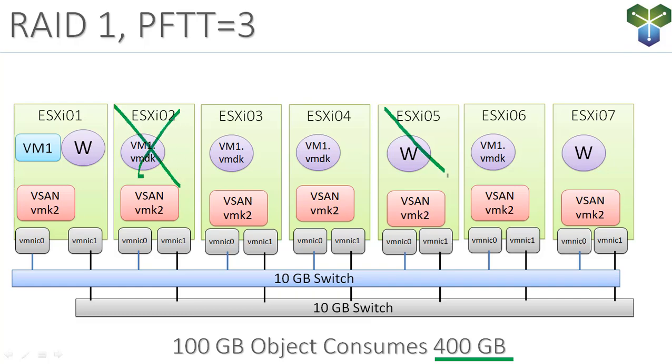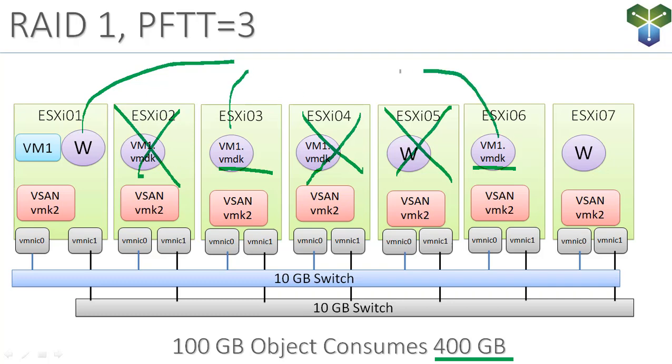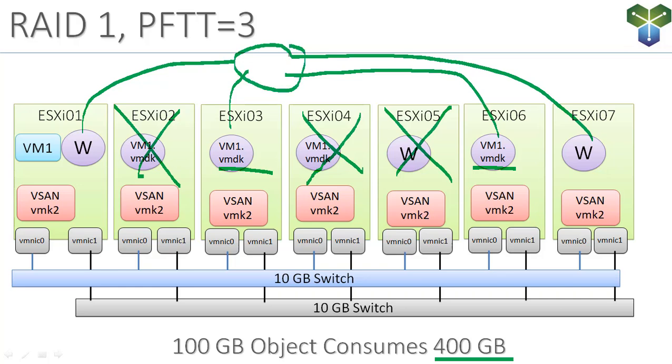ESXi02 fails, ESXi05 fails, ESXi04 fails. Great. I still have 2 intact copies of my virtual disk, and I still have a majority. 4 out of the 7 objects are still available, and therefore they can establish a quorum, and my virtual machine can continue to function. So with RAID 1, what we're basically doing is straight up mirroring.